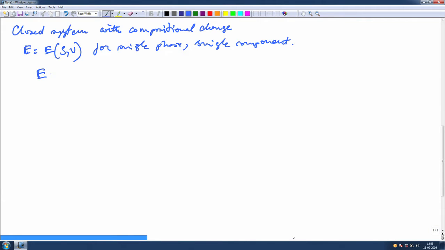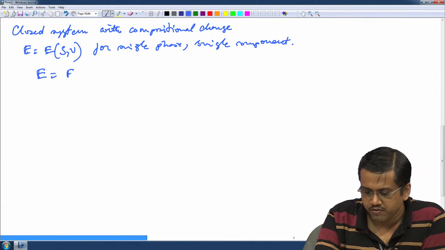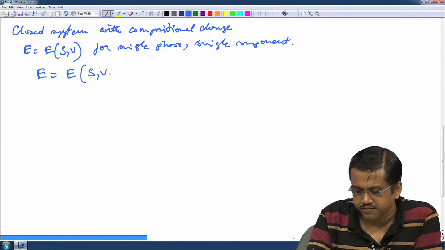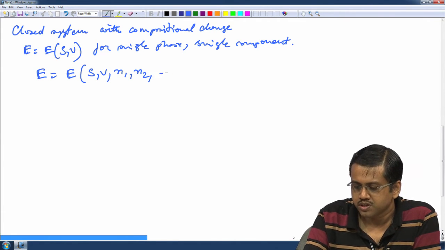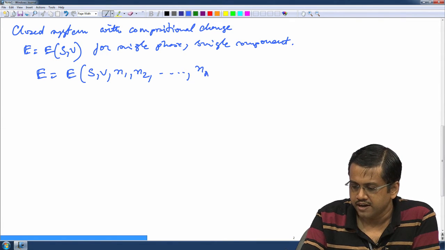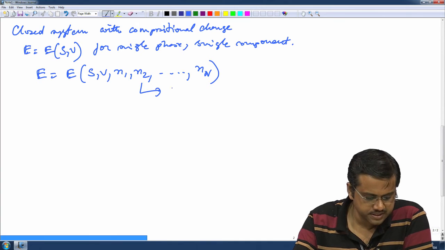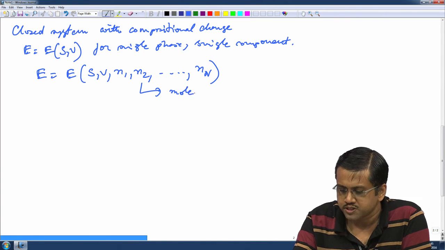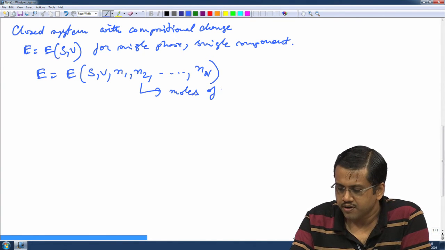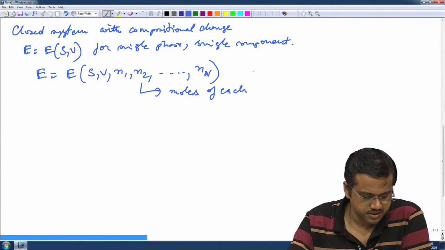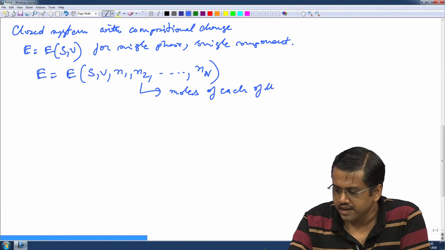That means your energy now will be a function of S, V, N1, N2, and so on up to Nn, where these represent the number of moles of each of the n components.